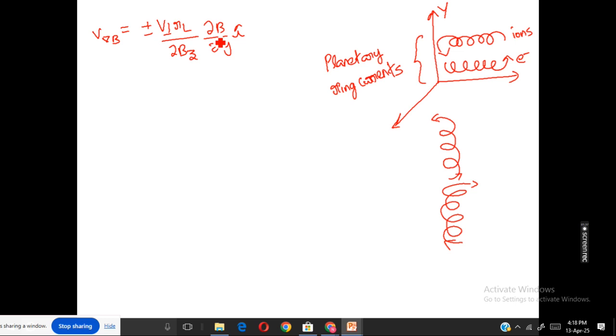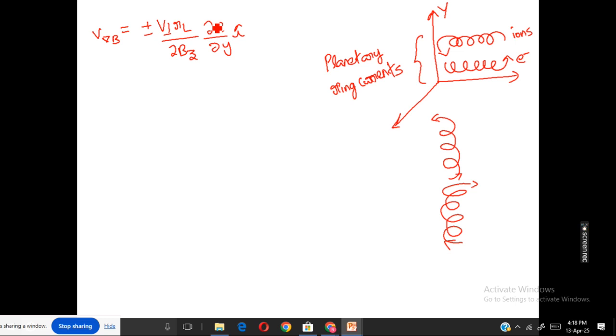This is the drift velocity. Now, when we are considering the magnetic field lines associated with the Earth, the magnetic field lines converge and diverge.